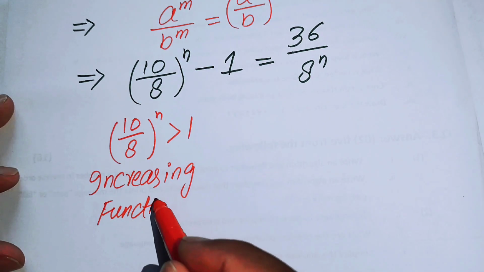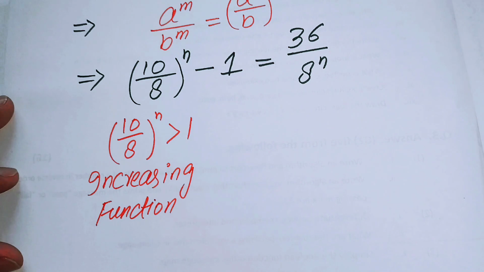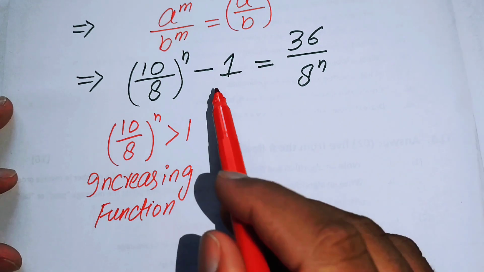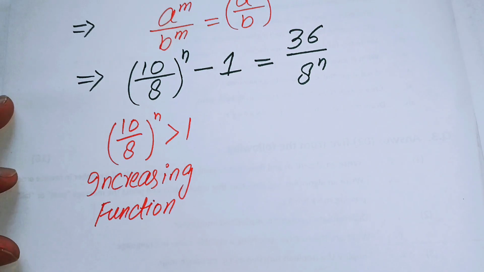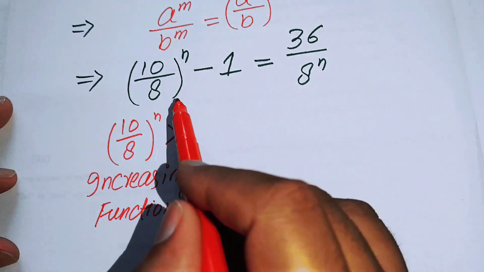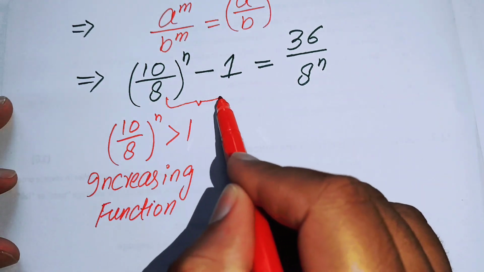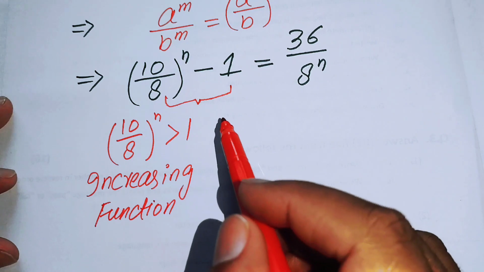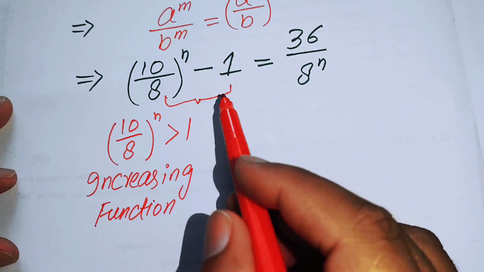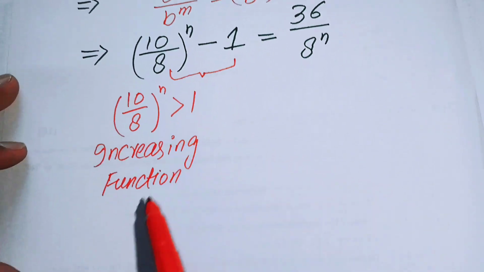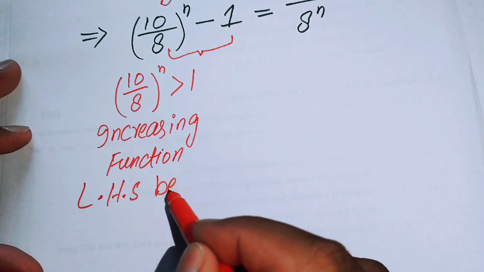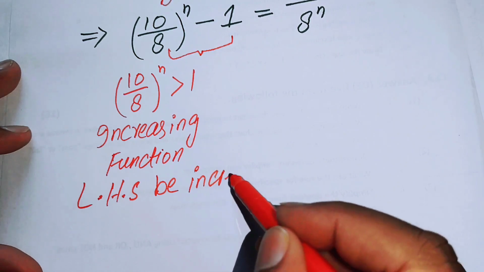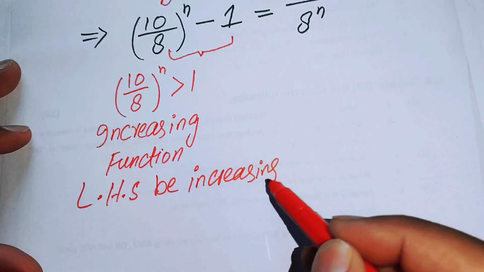When you subtract 1 from an increasing function, it remains an increasing function, so we can say that our whole left hand side is an increasing function.